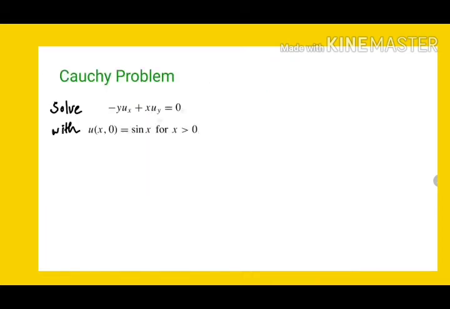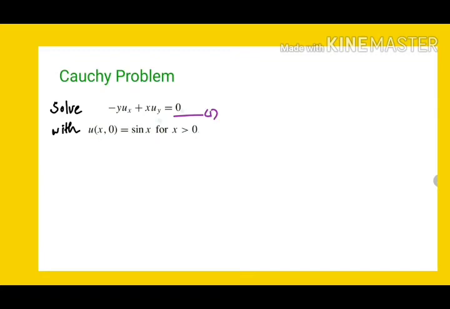So we will take this equation itself, equation number 1, and solve it with the initial condition u of x, 0 equal to sin x for x greater than 0.